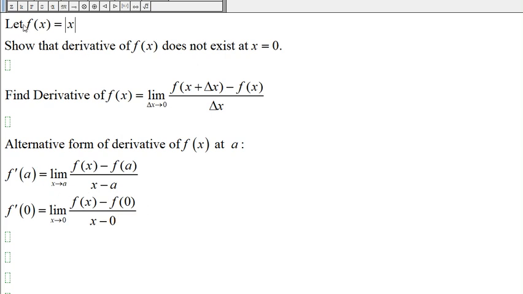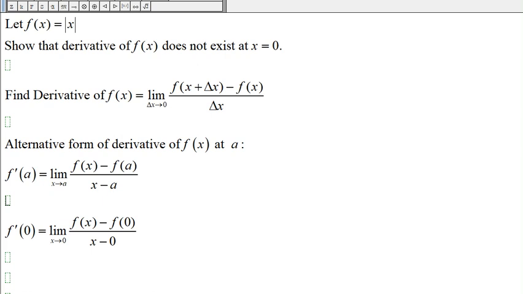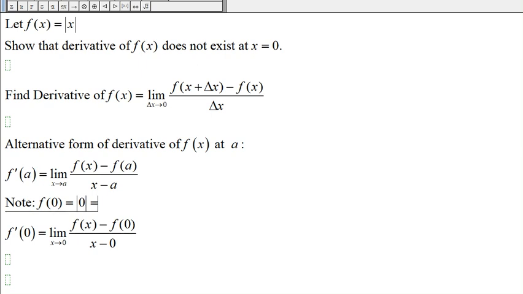And notice right here, let's write this down, f of 0 is just 0, because the absolute value of 0 is 0.